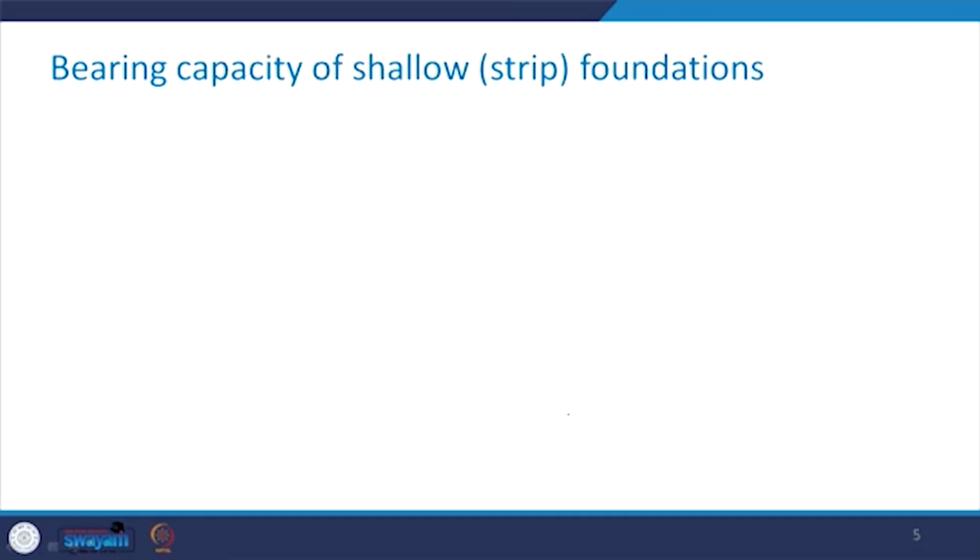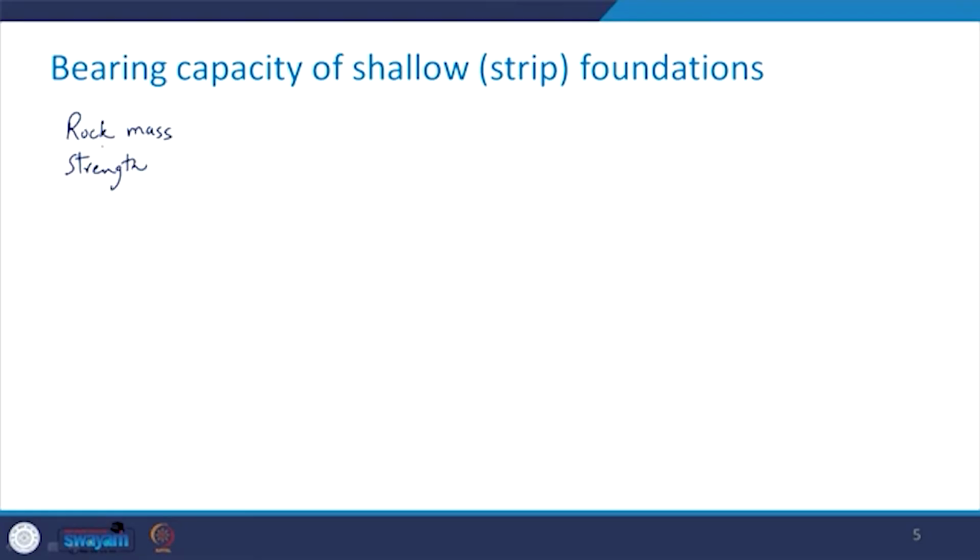Now, how to get the strength? Because here we are dealing with the rock mass, we will have to get the strength in terms of the rock material and the discontinuities.